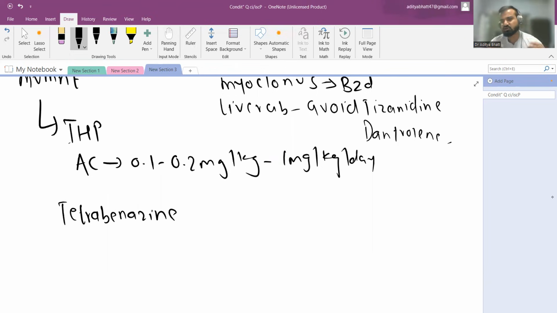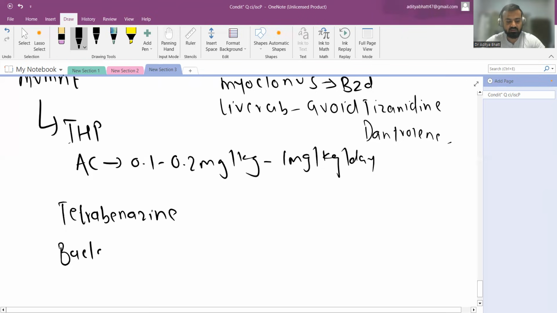So tetrabenazine is also a very good drug for Huntington's chorea, and the side effects of these drugs include Parkinsonism. Then you can also go for baclofen. You can go for levodopa, carbidopa combination. So that is syndopa.